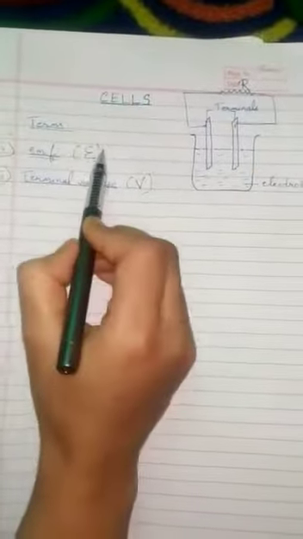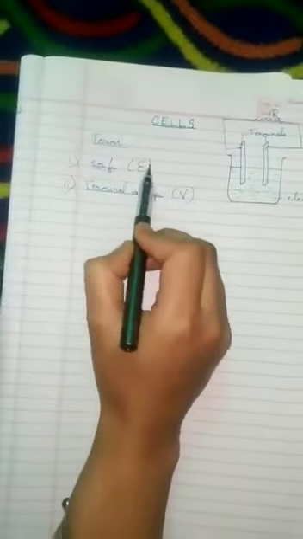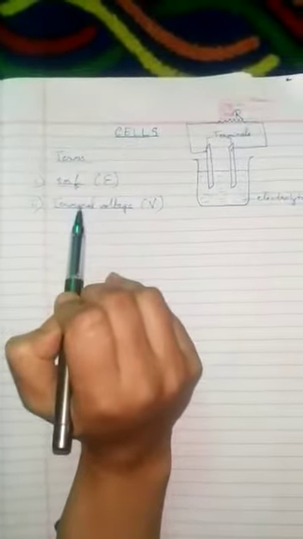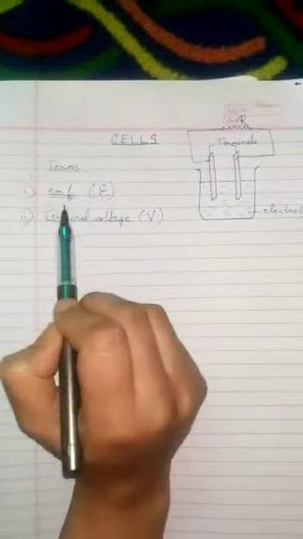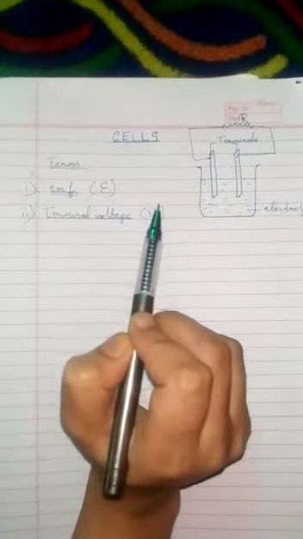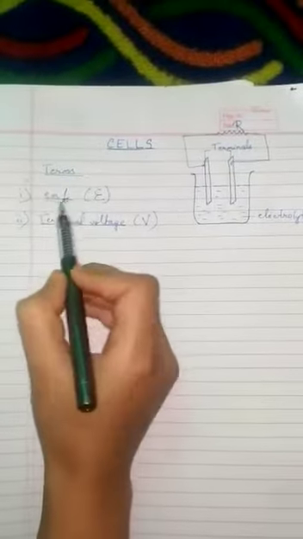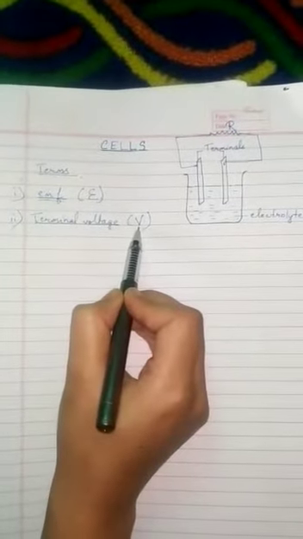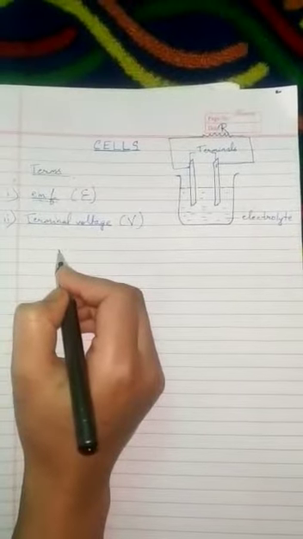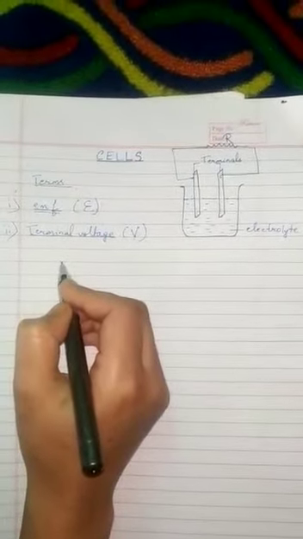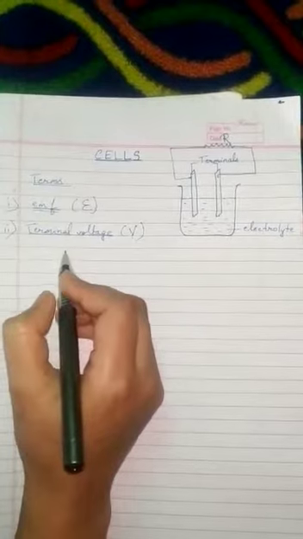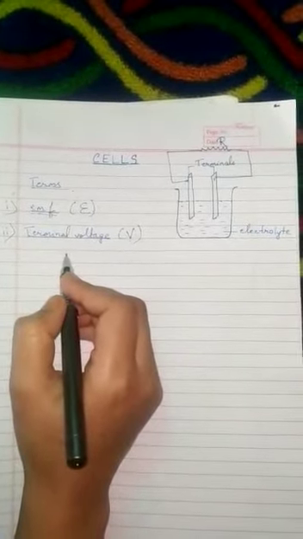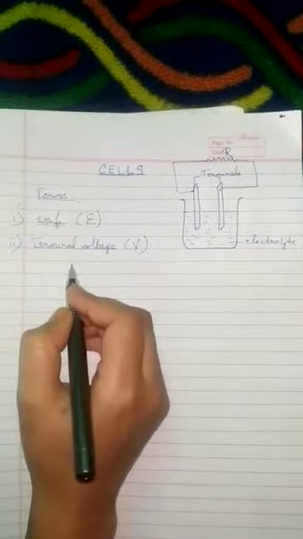Now, from the definitions you have seen that both of these are potential differences, and we can also define potential difference in terms of work done. Let us define EMF and terminal voltage in terms of work done. EMF is the amount of work done or energy spent in taking a unit positive charge around the complete circuit of the cell.